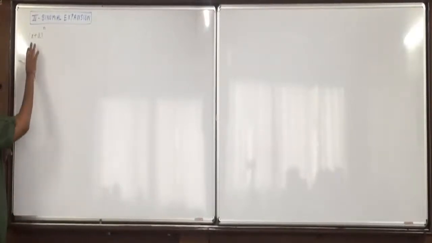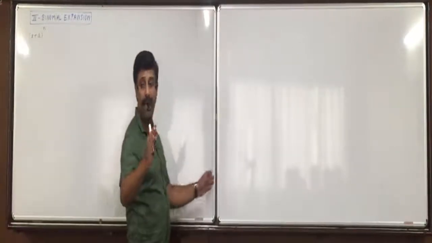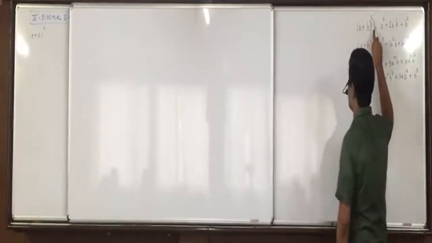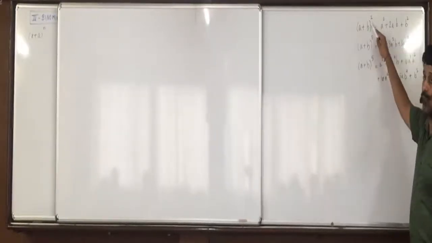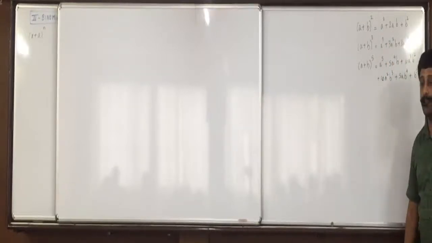If you have to find x plus a raised to n, there will always be n plus 1 terms. For example, if the power is 2, then 2 plus 1, 3 terms are there.